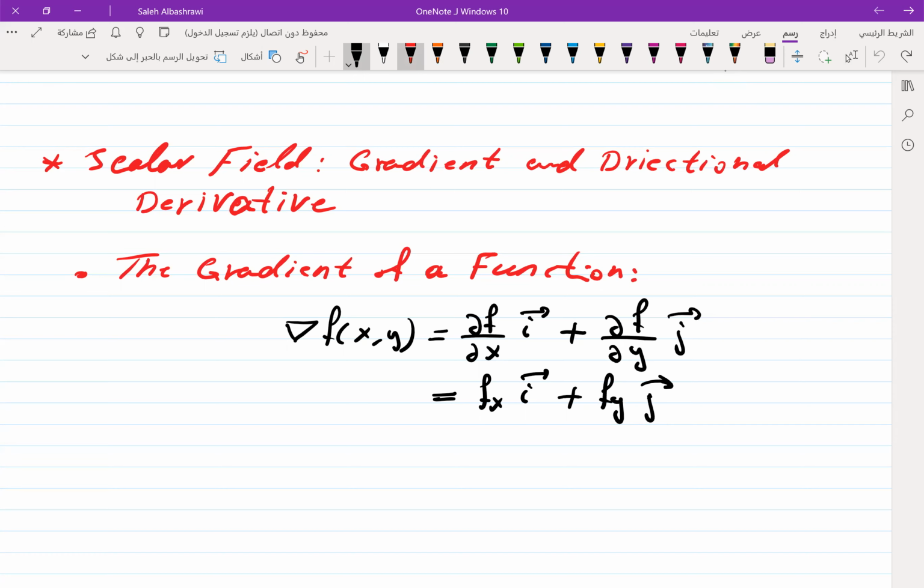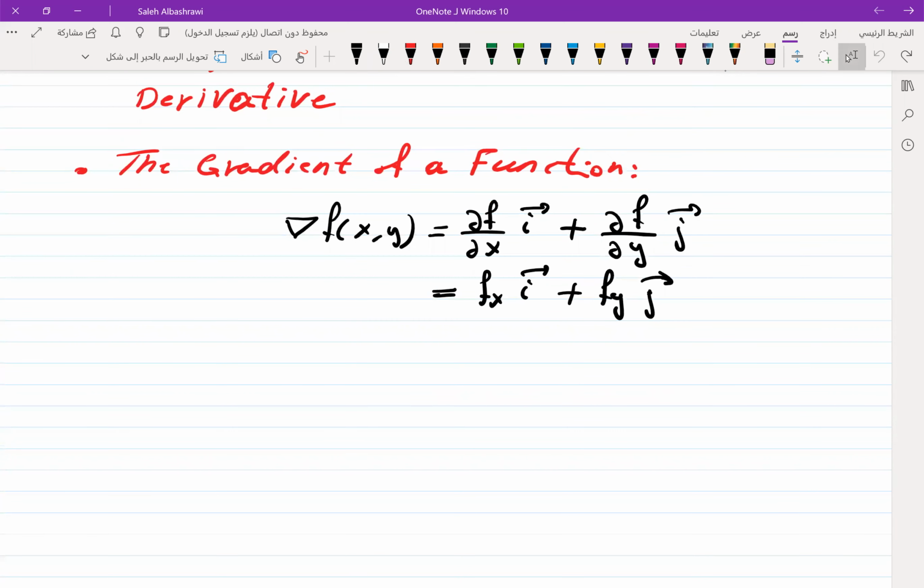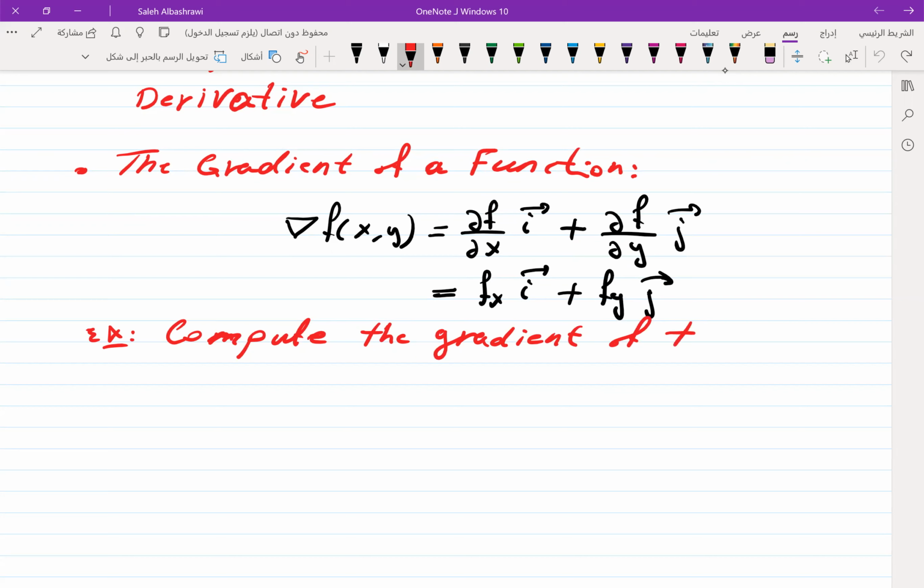For example, let's compute the gradient of the following.